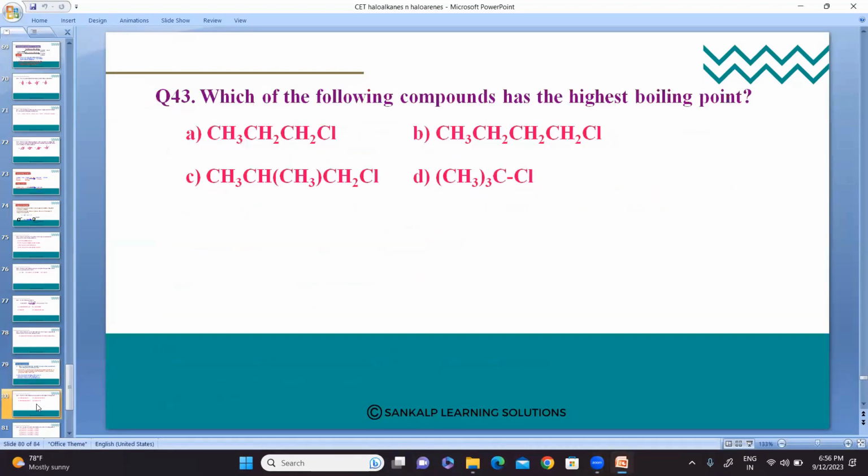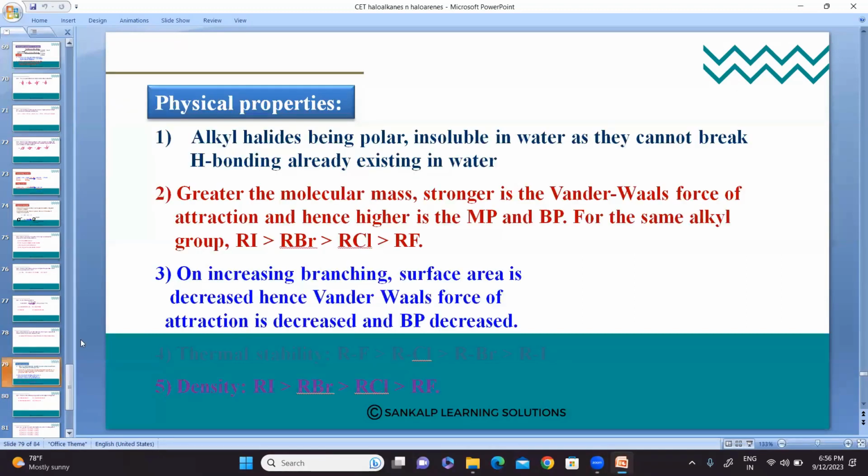Physical properties. I'll give you an idea about physical properties. Alkyl halides, being polar, are insoluble in water as they cannot break the hydrogen bonding already existing in water. The greater the molecular mass, the stronger the van der Waals force of attraction and the higher the melting point.